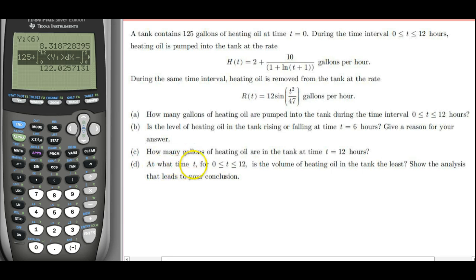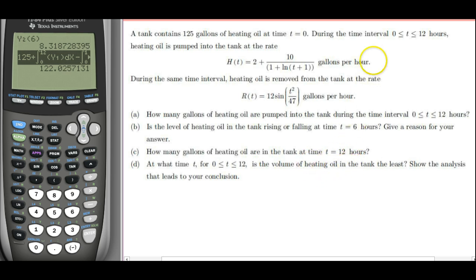So at what time t, for t between 0 and 12 hours, is the volume of heating oil in the tank the least? Show the analysis that leads to your conclusion. So I'm figuring out what time the volume, or really the quantity of heating oil in the tank, is the least possible amount. So I'm trying to minimize the volume of the heating oil.